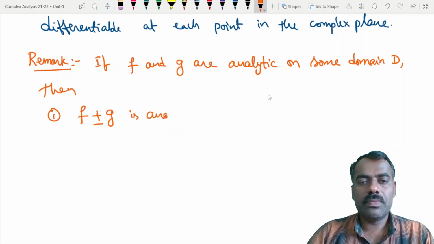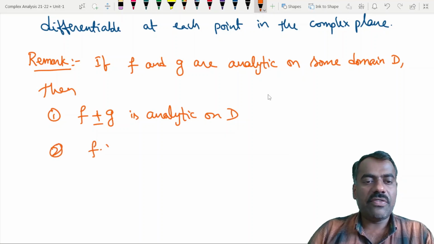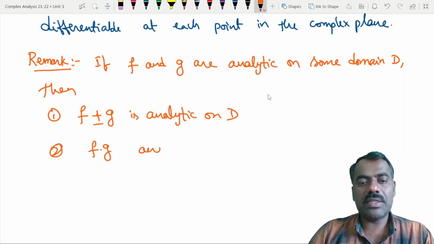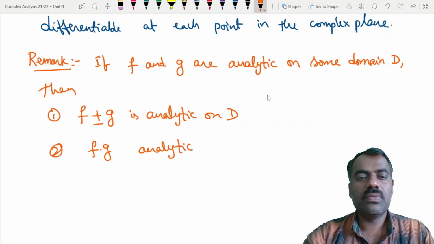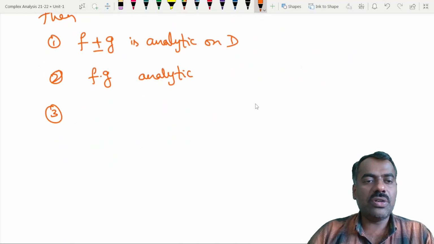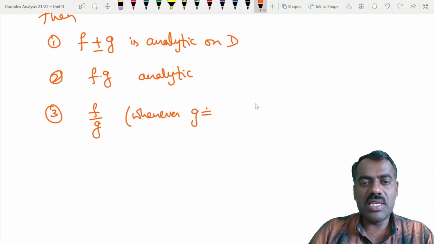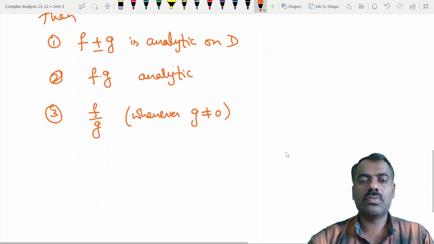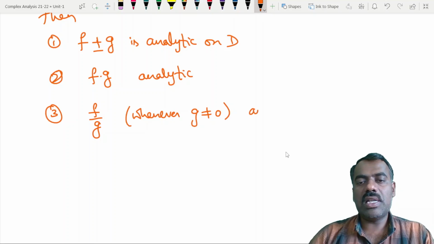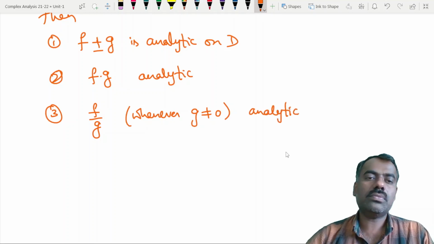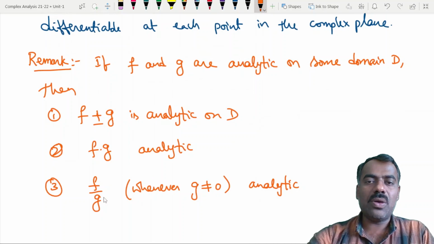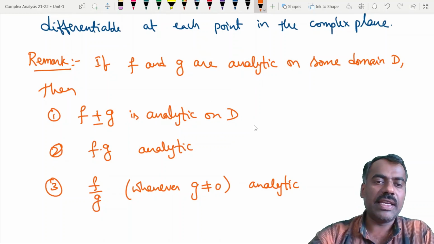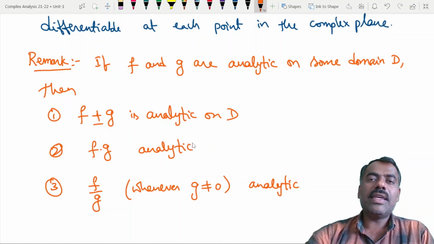It is analytic on D. Similarly, f times g is analytic on this domain, and also f upon g, whenever g is non-zero. This is also analytic. So the sum, product and quotient of analytic functions are analytic. This simply follows from the differentiation formulas.